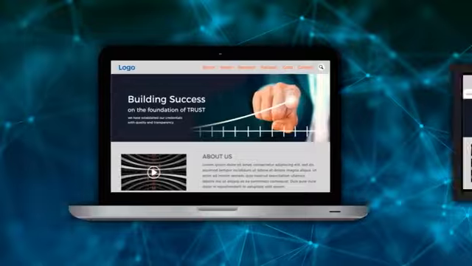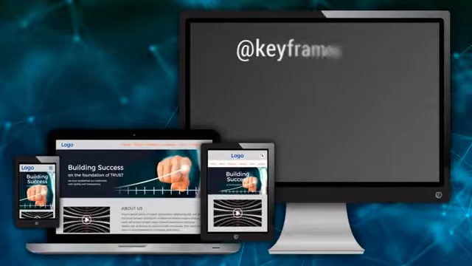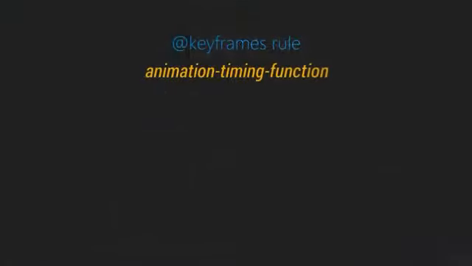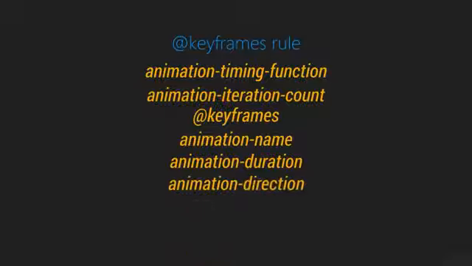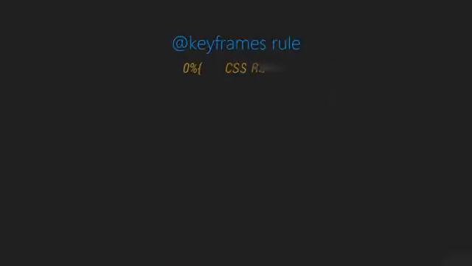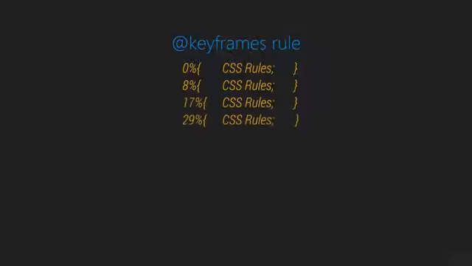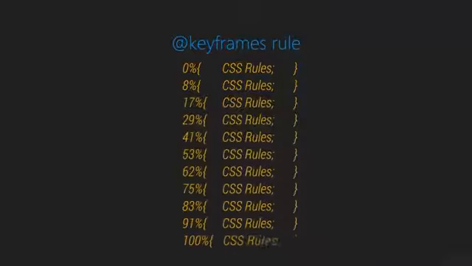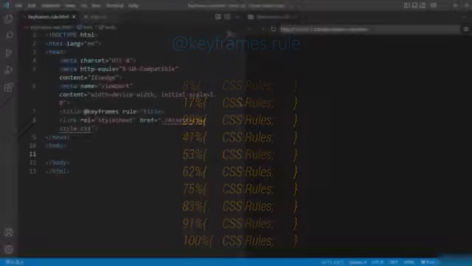For creating animation in CSS, the @keyframes rule is used, which contains multiple animation properties. This rule allows you to apply different sets of styles at different points throughout the animation. So let's understand the syntax with an example.